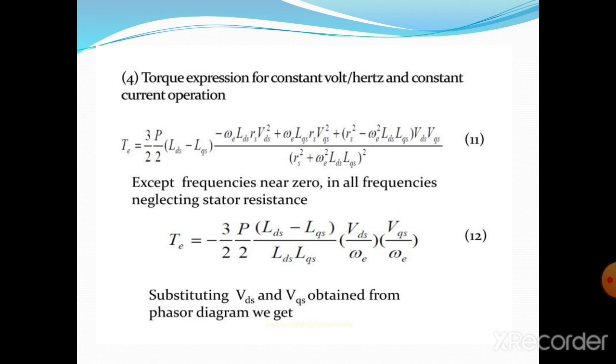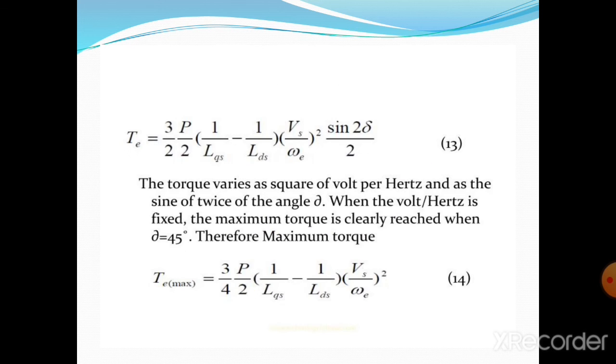So finally we get the torque T is equal to minus 3 by 2 into P by 2 into (LDS minus LQS) divided by (LDS into LQS) into VDS divided by omega E, VQS divided by omega E. In this, VDS and VQS are obtained from the phasor diagram.